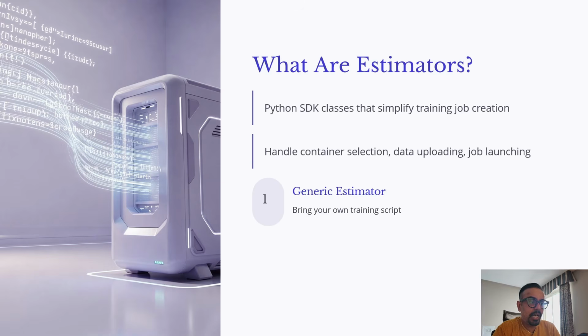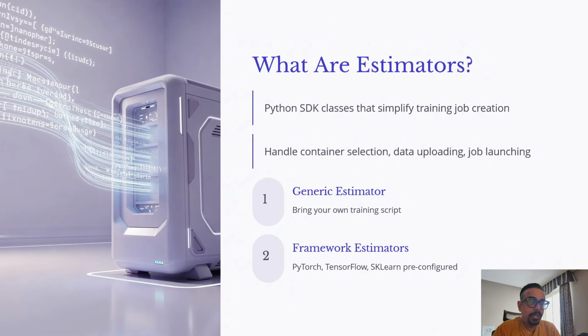The generic estimator class is used when you are bringing your own completely custom training script and container. You have full control, but you need to specify more configuration. This is useful for specialized algorithms or when you have custom dependencies. Framework-specific estimators like PyTorch, TensorFlow, and SKLearn are pre-configured for those frameworks.